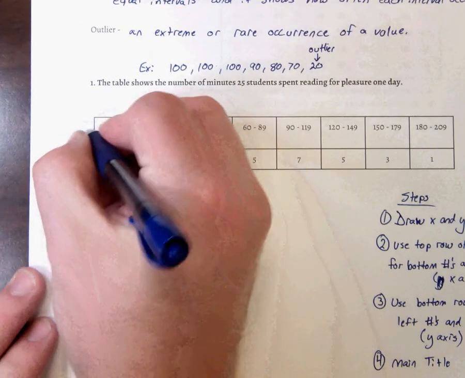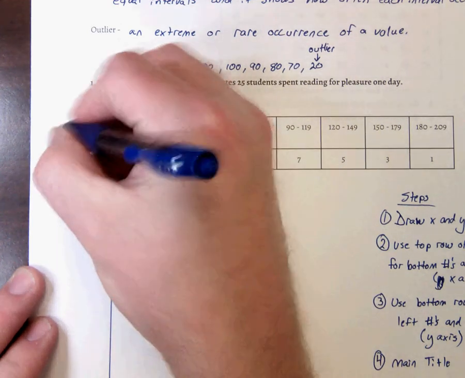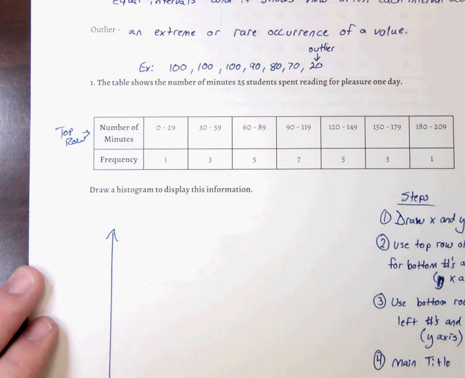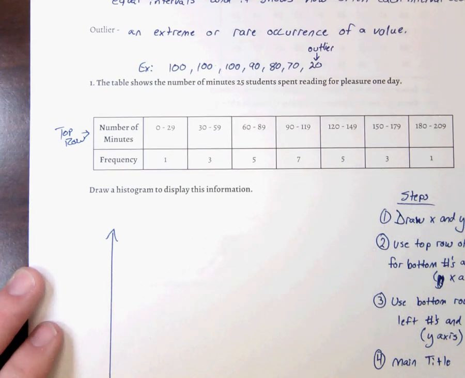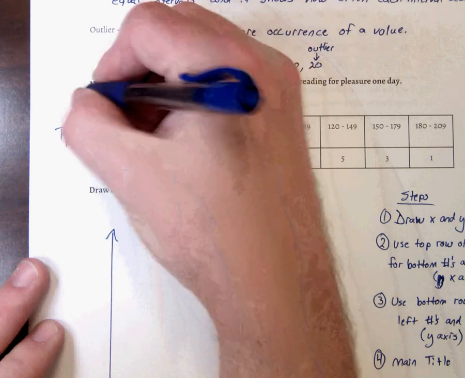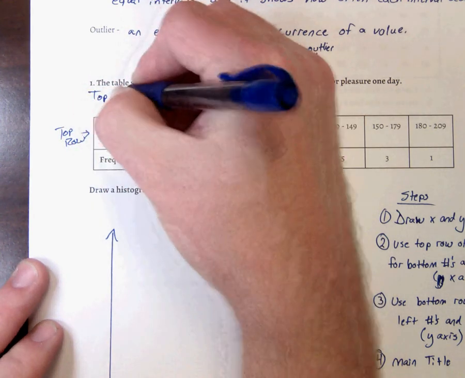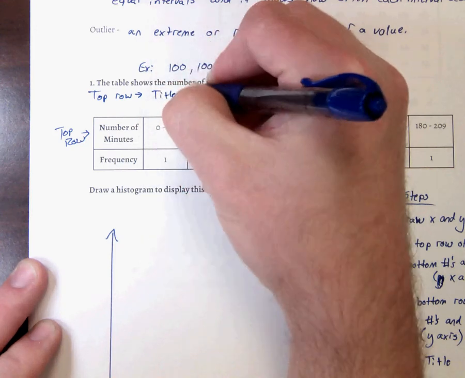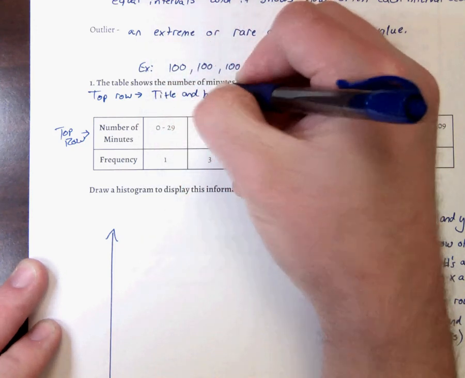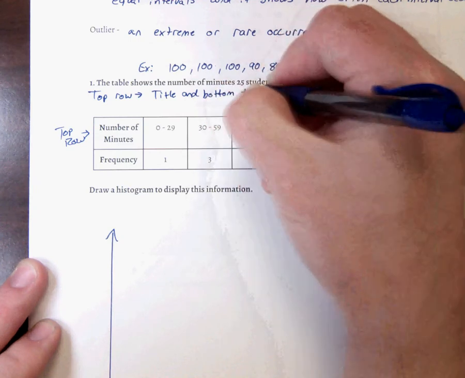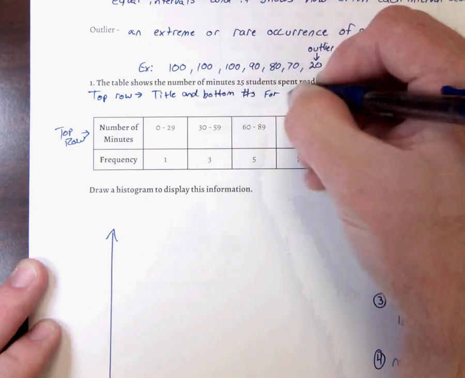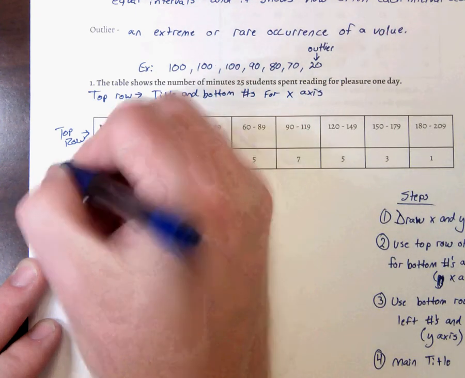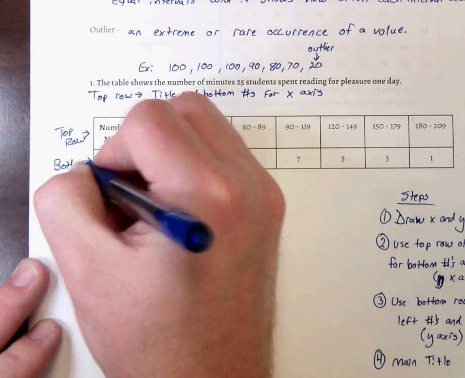Now the bottom row, it's going to be our title and left numbers. They also represent how many times something happens.